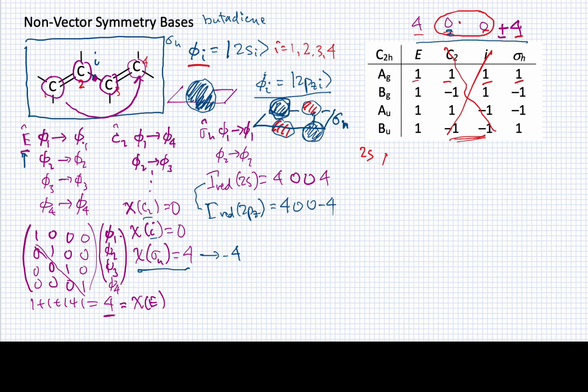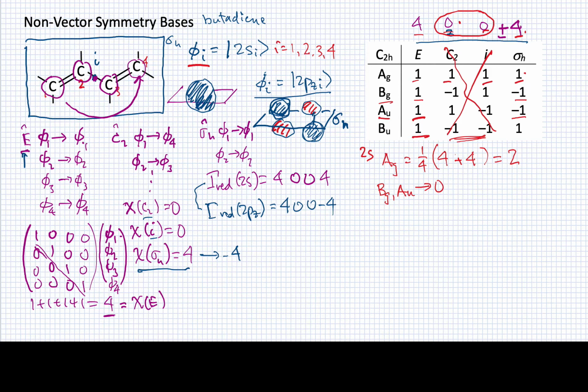All right, for Ag, what I'll end up with is 1/4, 1 over the order of the group, times 4 times 1 plus 4 times 1, which is 2. For Bg, I'll have 4 times 1 minus 4 times 1, so that'll be 0. For Au, I'll have 4 times 1 minus 4 times 1, so that's also 0. So Bg and Au will both go to 0.